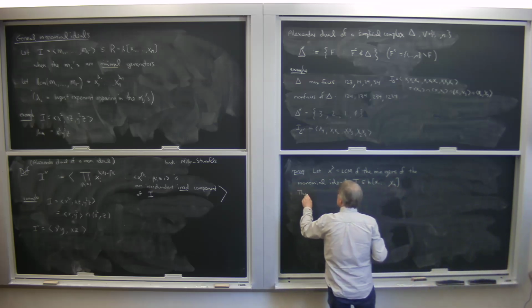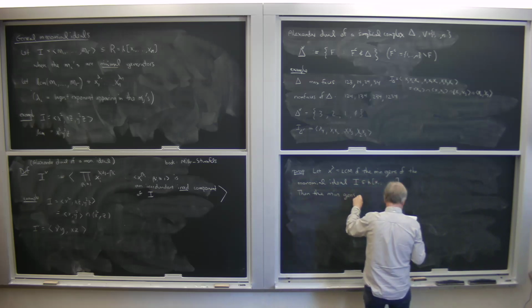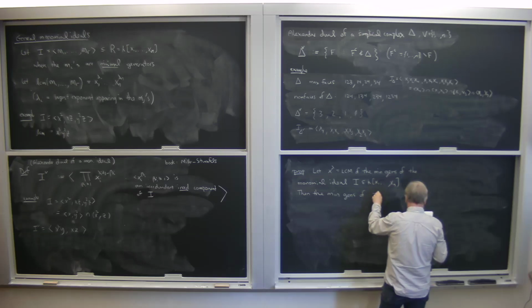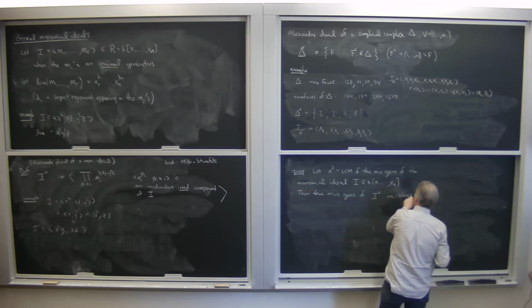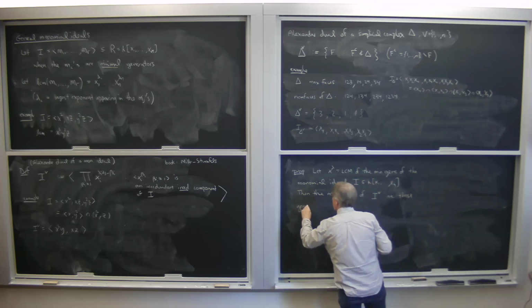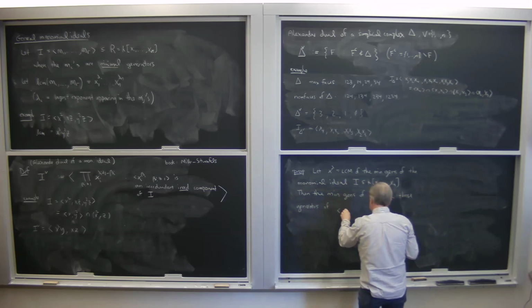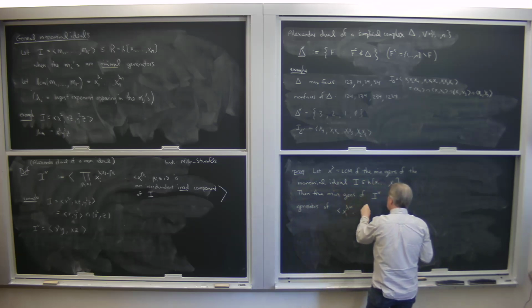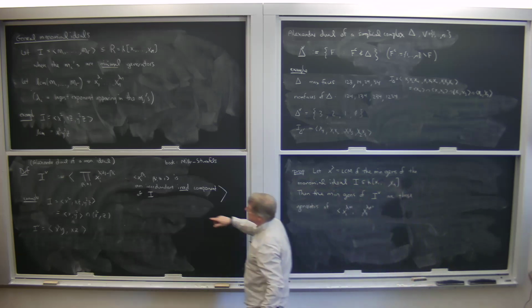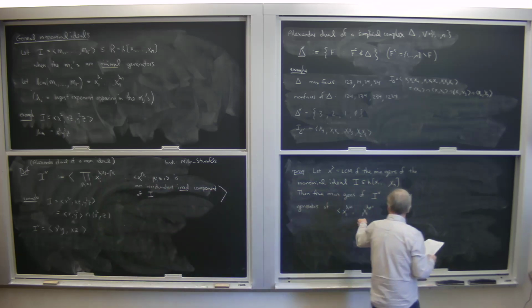Then the minimal generators of I dual are those generators of the ideal x1 to the lambda 1 plus 1 up to xn to the lambda n plus 1. Okay, notice that these are the lambda i plus 1 things here. But this is all of them.